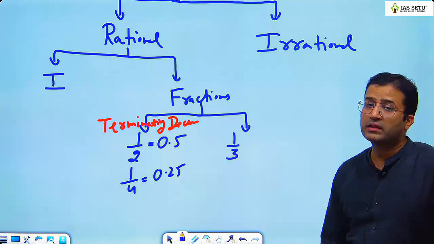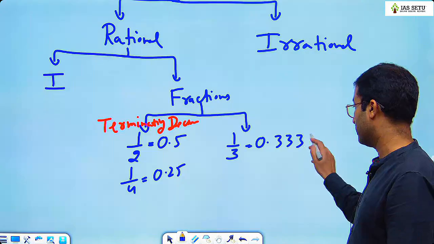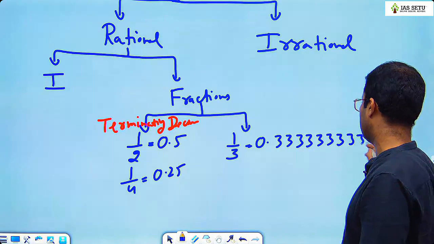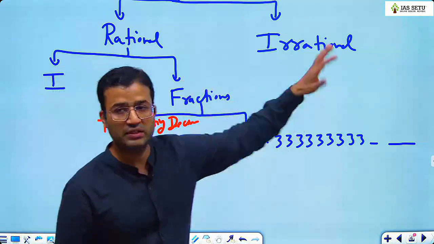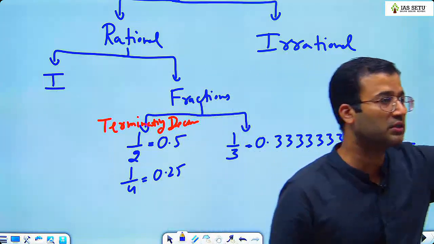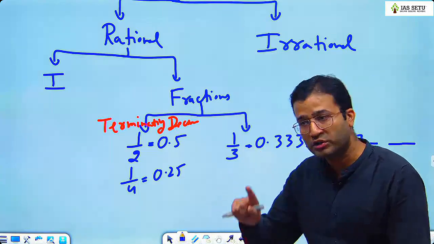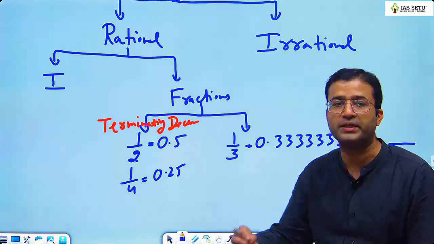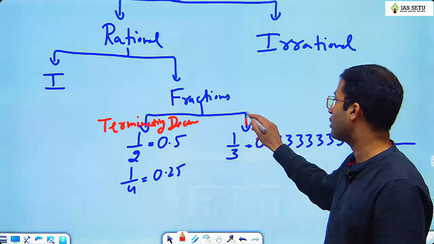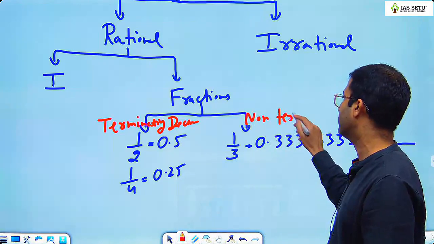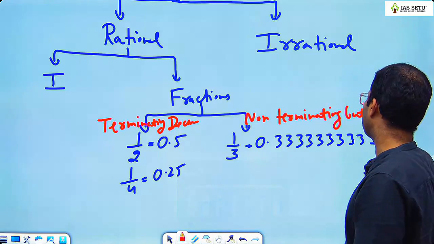Whereas 1/3, when you convert into decimal, we get 0.33333333. It will keep going, the board will end, the world will end. So what are these called? Non-terminating but repeating. Repetition is there. So here these decimals are non-terminating but repeating.